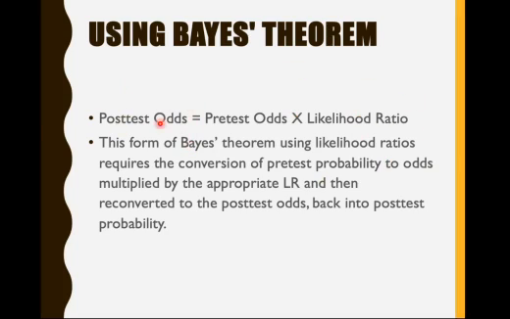That is now your post-test odds. Because the result is post-test odds, we now convert the post-test odds to post-test probability. So technically, we're talking about refinement of the pre-test probability to a post-test probability after a test.